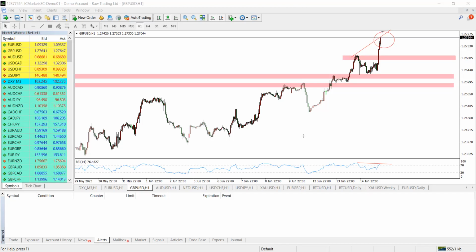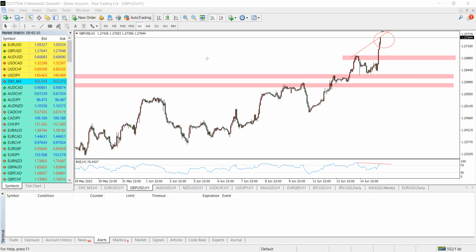And that's what we're talking about, to give you a different perspective on this cable, this GBPUSD. So you could also use this style of trading, this analysis, for other instruments once you understand them. And that's why you can trade any instrument, whether it is Forex or commodities or cryptos or whatever. I keep on getting that question a lot. With this knowledge, trust me, you can trade anything.